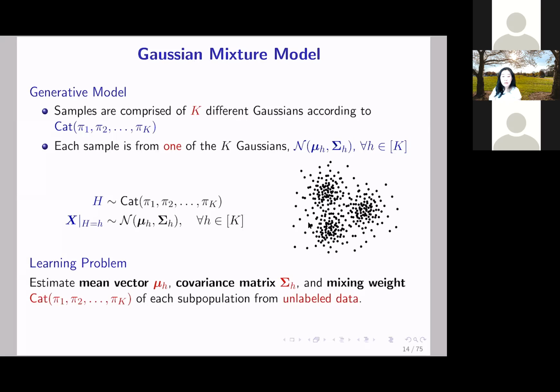Estimating the mean vectors mu h, covariance matrices sigma h, and mixing weight is not so simple, because to do that, you have to confidently estimate for every data point what its color is, and then based on that, estimate the mean vectors and covariance matrices for each subpopulation.